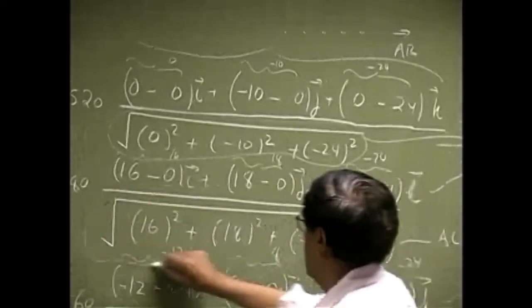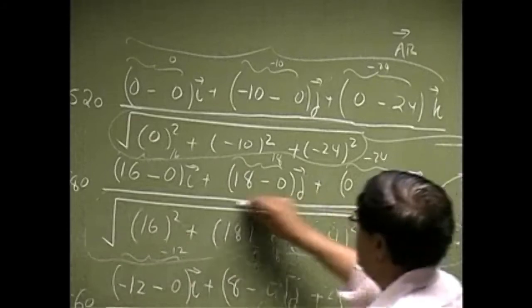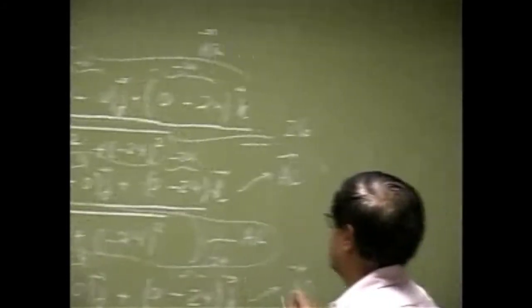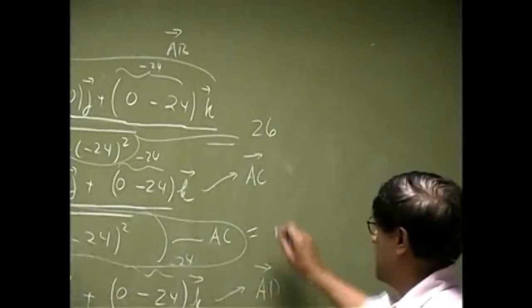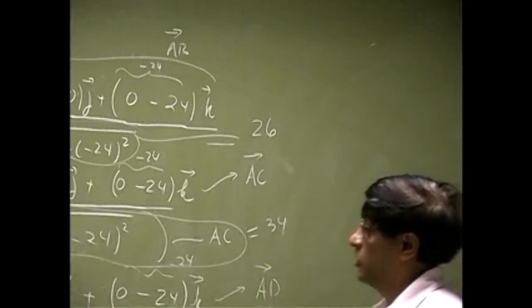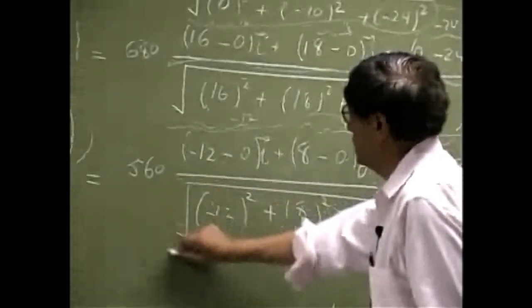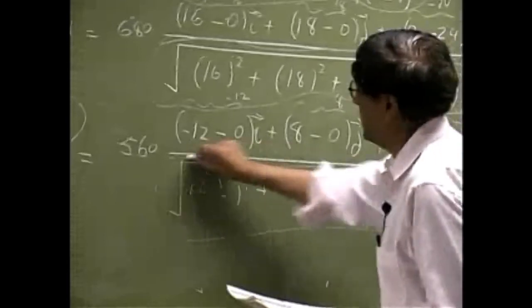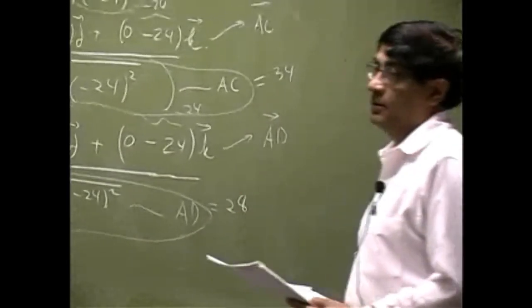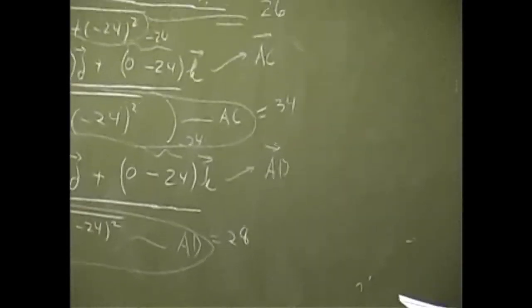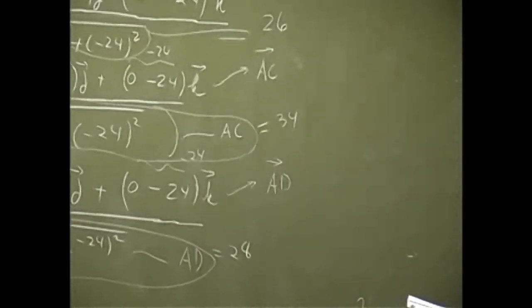Same with this length here, if you go through the actual calculation, it's going to come out to be 34. Then this length by itself should come out to be 28. You just have to do the calculation.